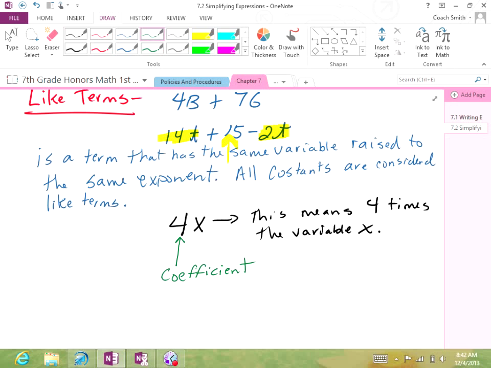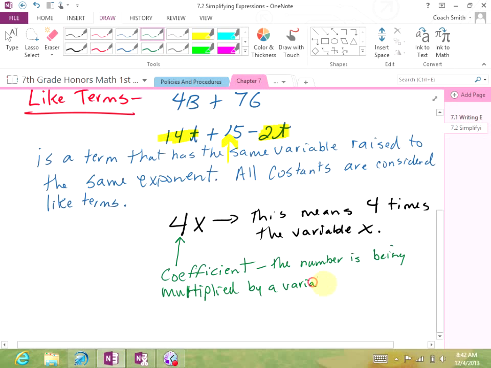That is only when the number is being multiplied by a variable. And the same thing I said yesterday applies to the rest of your life. The number always goes in front of the variable when the two are together. In other words, x4 is not going to work.